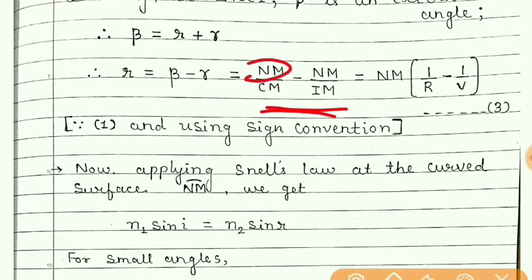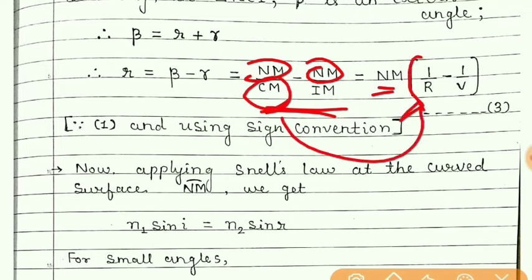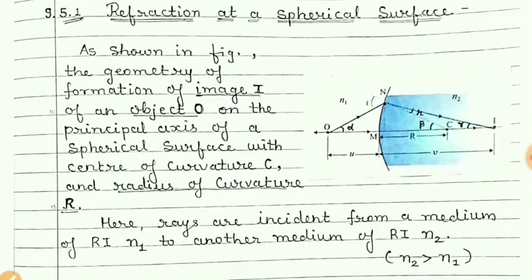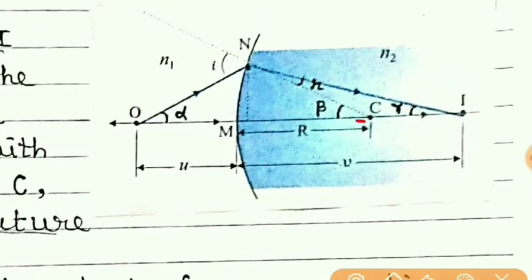Using this here, once again this NM is common in both, so that is taken out. So what remains inside? 1 upon CM, but CM is nothing but R, and here what remained? 1 upon IM, but IM is nothing but the image distance v. So 1 upon R minus 1 upon v. Once again students, look at CM and IM in the figure. This is CM.